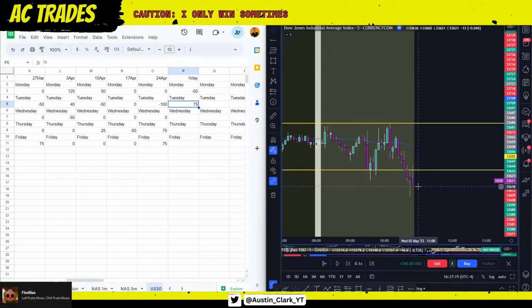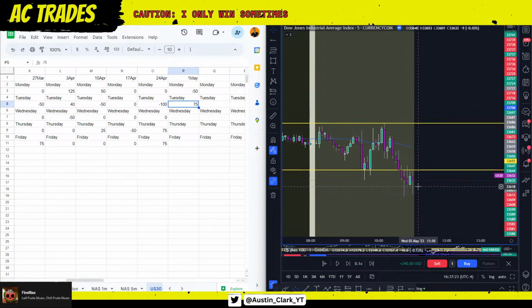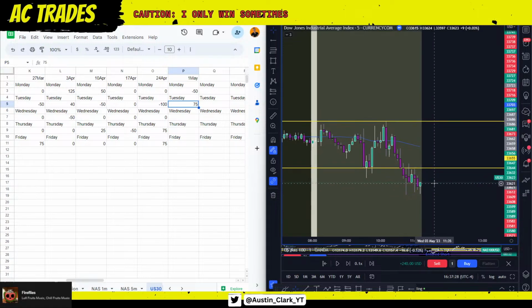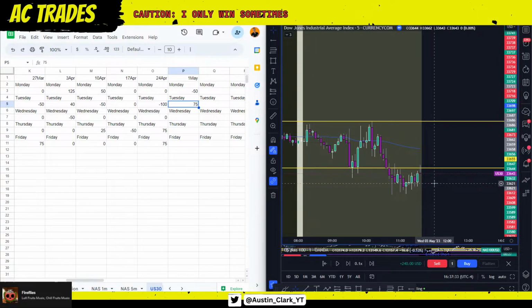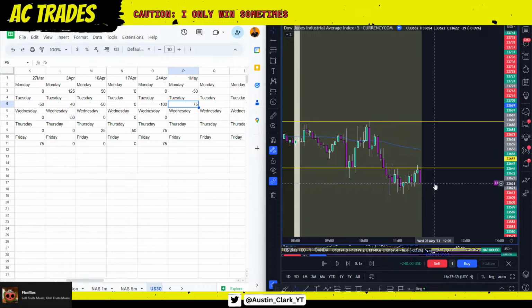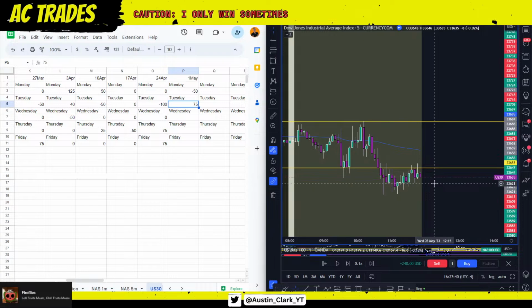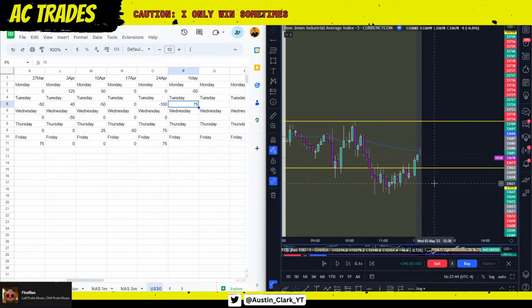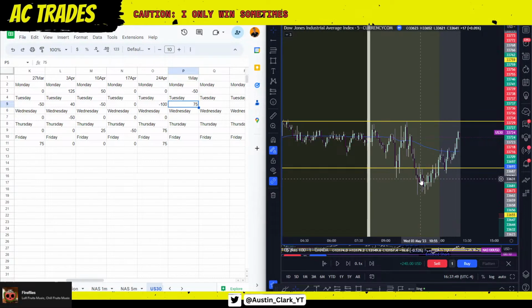Too small and too many wicks. Too big of wicks, I mean. Yeah, I don't like any of these. I don't like any of these candles. I almost like that one. Alright, then it moves on into the afternoon when I don't trade, so we're going to say that was a 0 Wednesday.